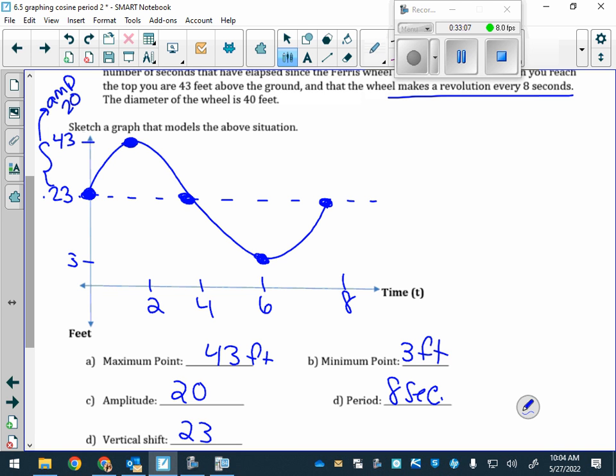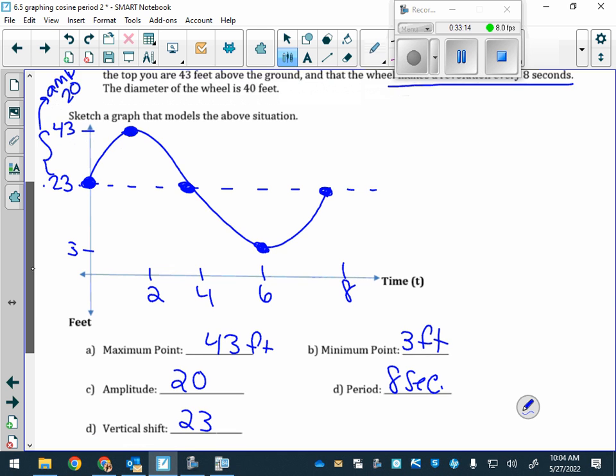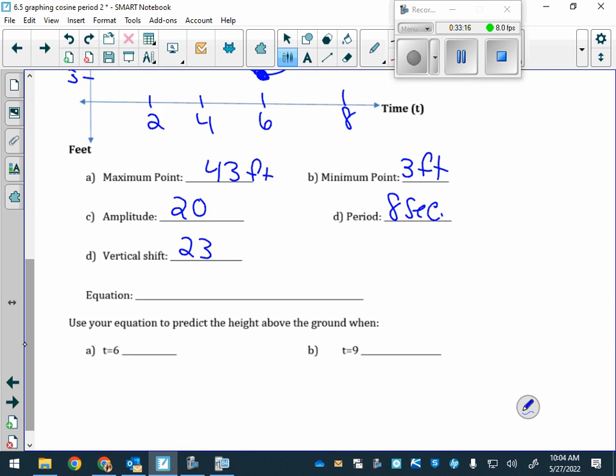And that's our midline. That's our 3 o'clock position. Okay? All right. So we need to write our equation. y equals our amplitude, which is 20. It's not negative this time. Okay. Sine. We'll get to the b value in 1 second. Plus 23.